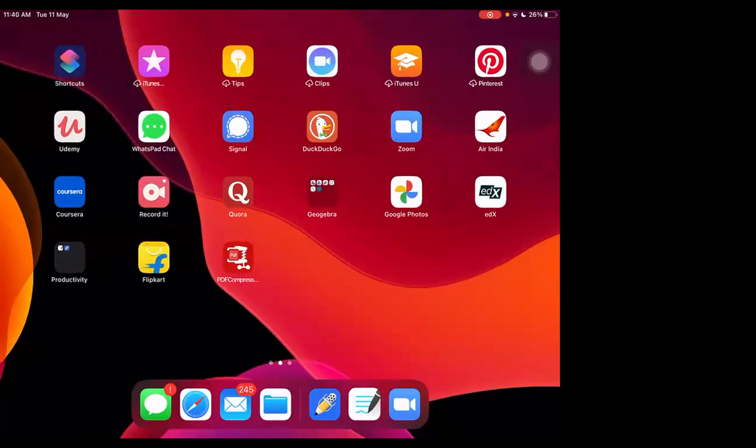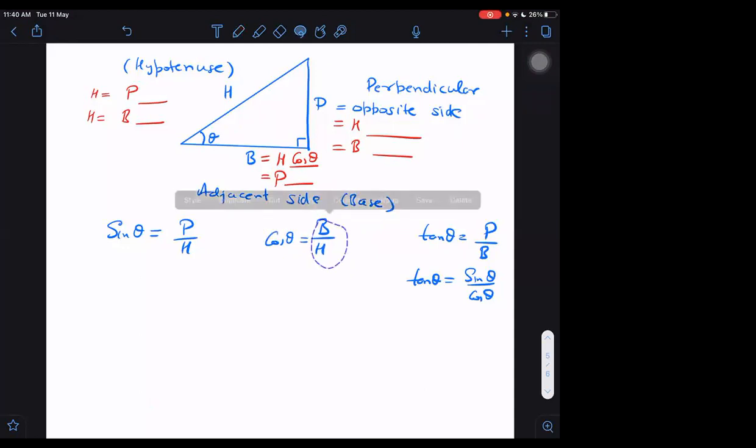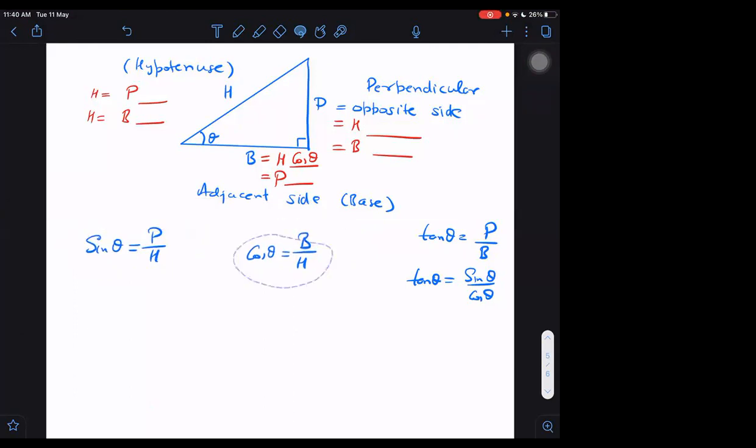Yes. So cos theta is B by H. Sin theta is P by H. But you should be able to fill this up very fast. For example, if I ask you what is B in terms of H, B is equal to H cos theta. What is P in terms of H? H sin theta.